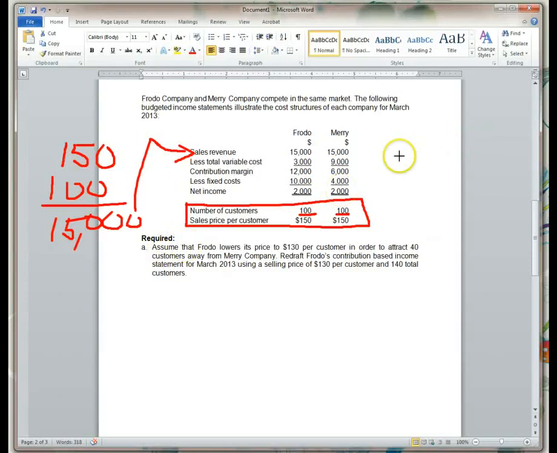Another thing, let's take Frodo here: if we have $3,000 in variable costs and 100 customers, that should be $30 of variable cost per customer.